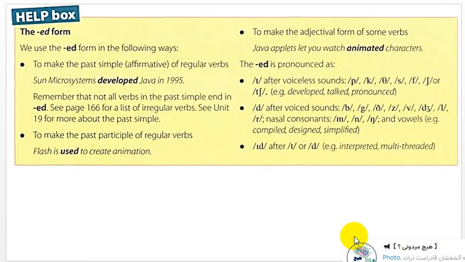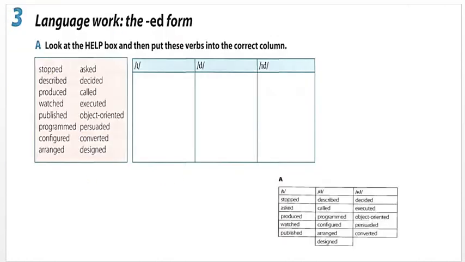Example: the -ed ending after t or d is pronounced as a separate syllable. Example: interpreted, treated. Here is a practice about this conversation, this help box, language work, the -ed form.